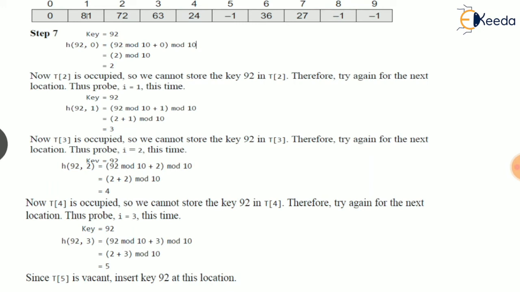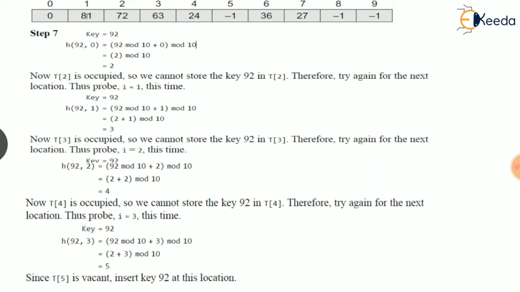So now there is a collision, because at the same position we want to insert 2 values. Now what is the solution for that? Now T[2] is occupied, so we cannot store the key 92 in T[2]. Therefore, try again for the next location.